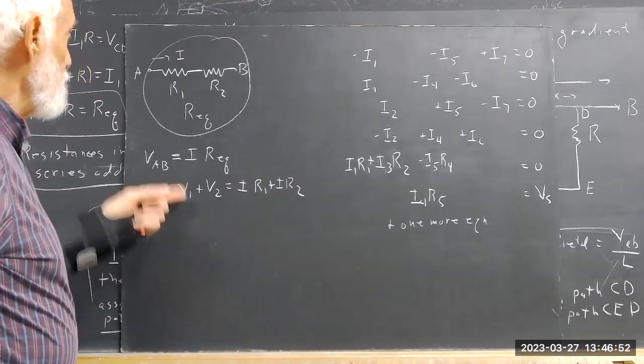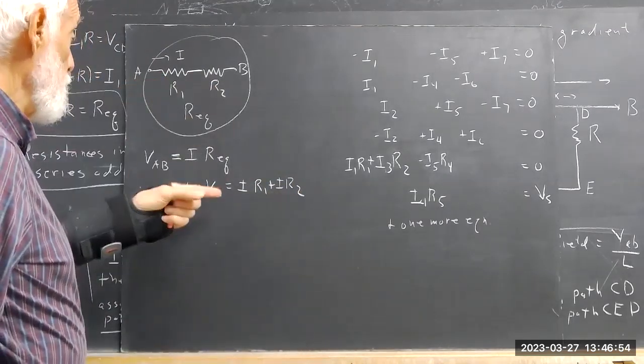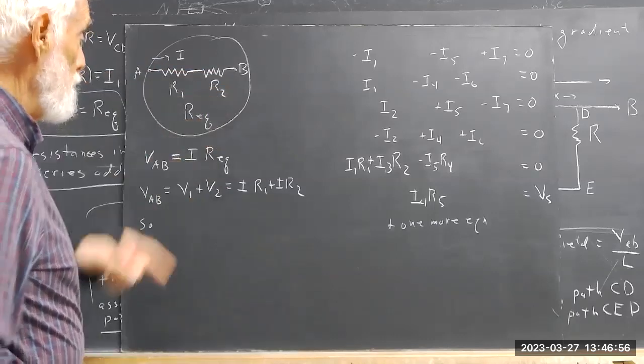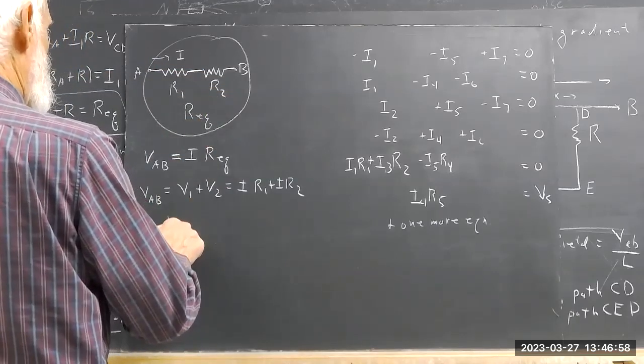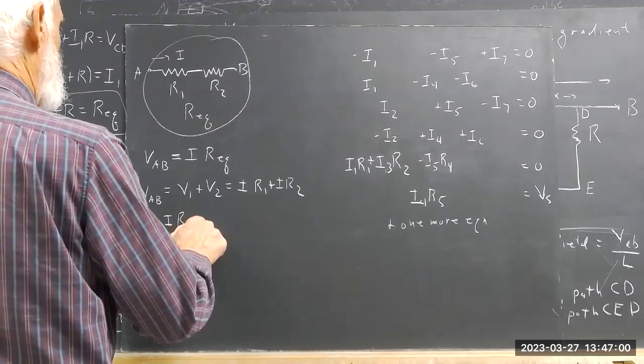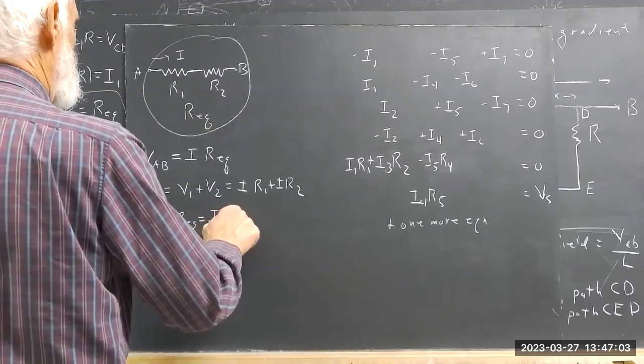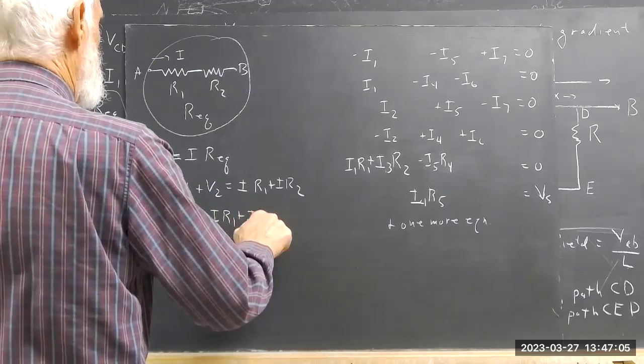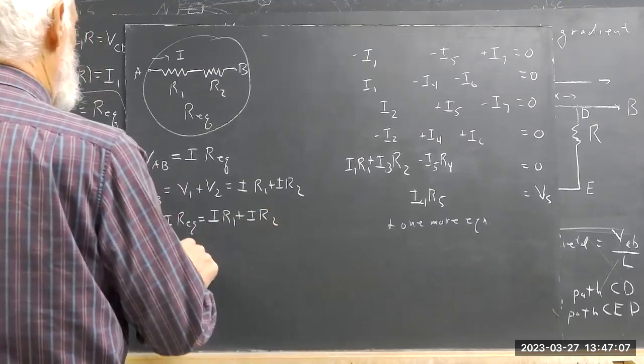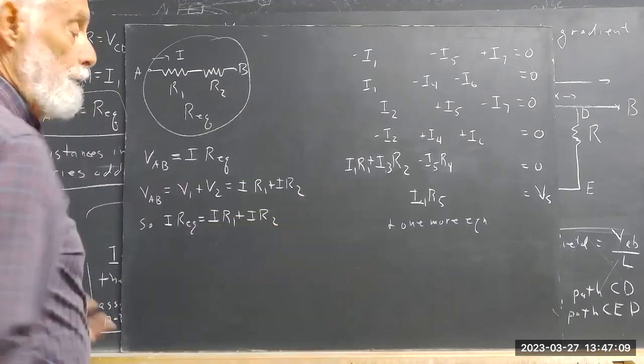The voltage is the voltage drop across here plus the voltage drop across here. It's I times R1 plus I times R2. Well, I divides out.